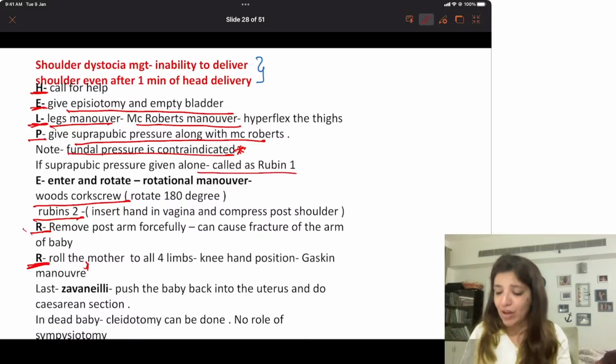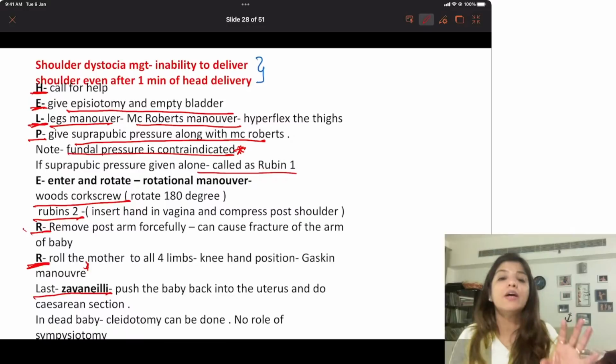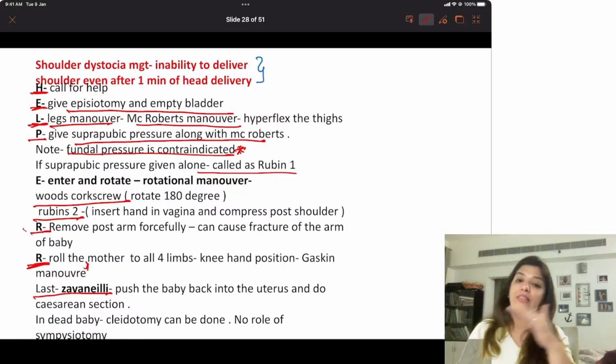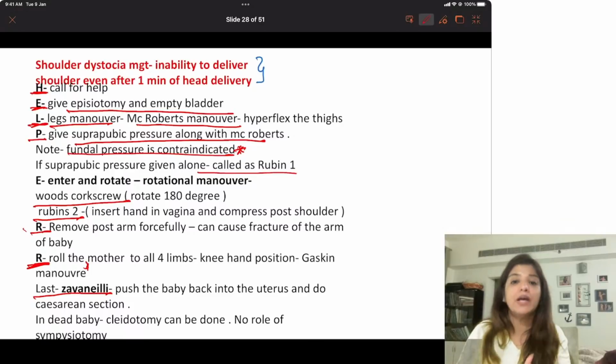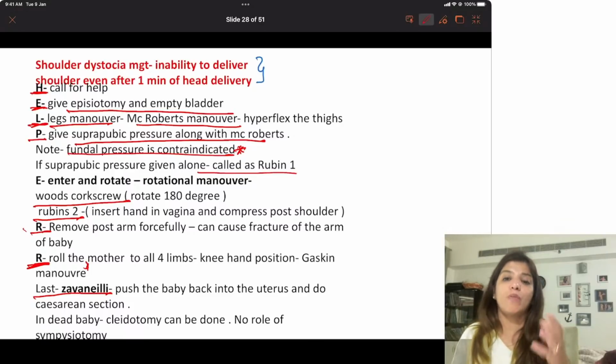And if everything fails, then the last option is Zavanelli's maneuver, in which you push the baby back into the uterus and then you go for Cesarean section, which is called Zavanelli's maneuver. That leads to a lot of trauma to the baby as well as to the mother. Now, if the baby is dead, then there is one destructive procedure which you may do.